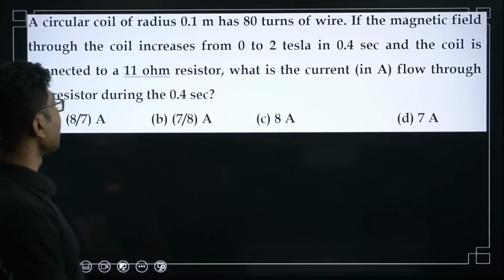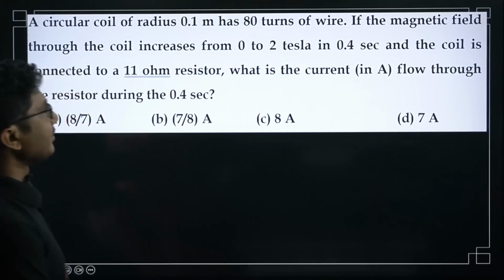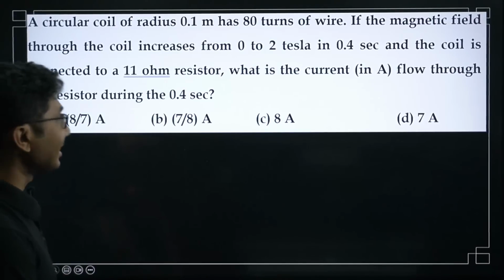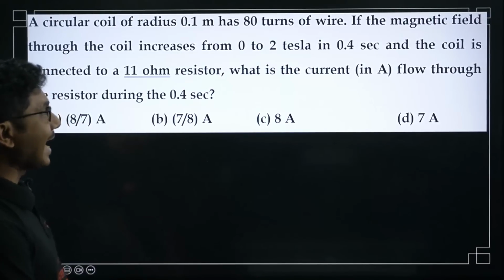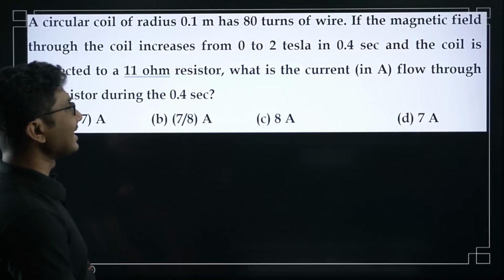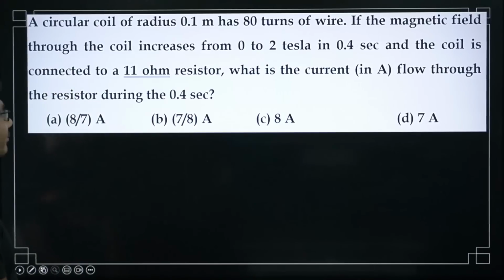A circular coil of radius 0.1 meter has 80 turns of wire. If the magnetic field through the coil increases from 0 to 2 Tesla in 0.4 second and the coil is connected to a 11 ohm resistor, what is the current in ampere flow through the resistor during the 0.4 second?